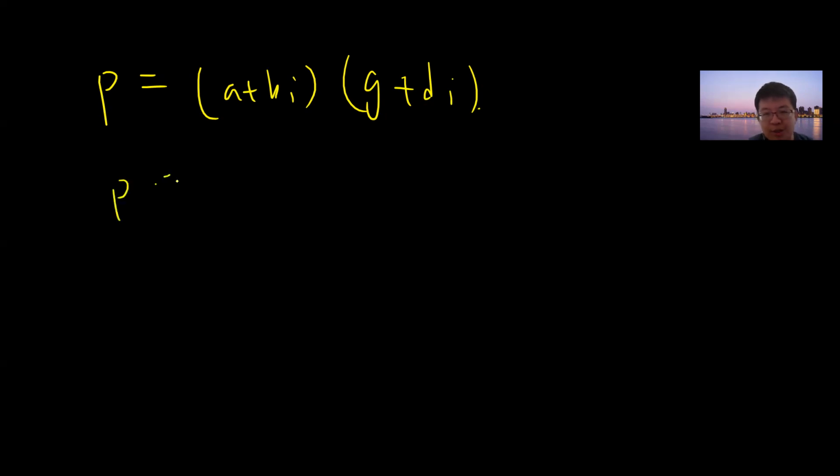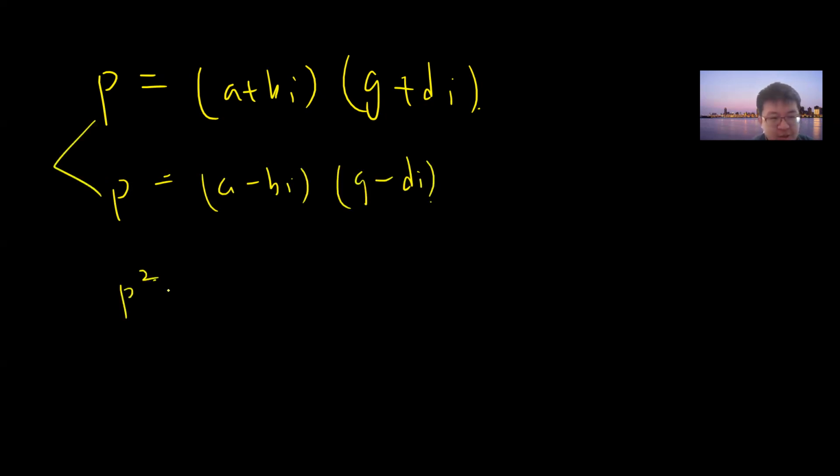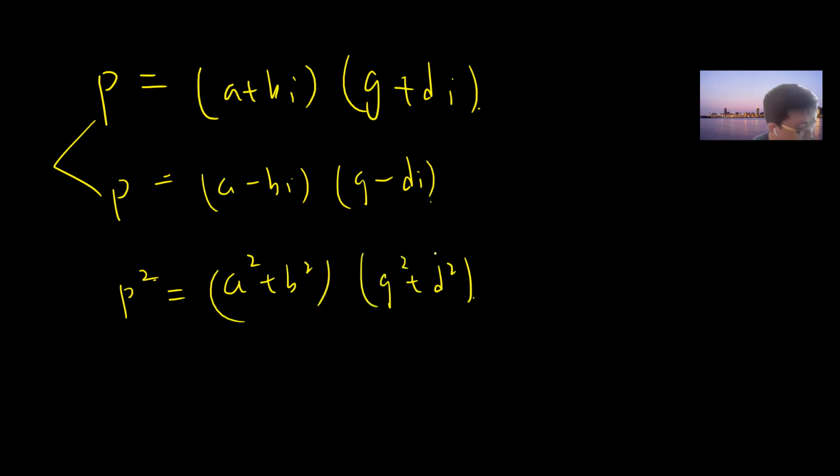If you take conjugates on both sides and multiply, you get p squared equals (a squared plus b squared)(g squared plus d squared).